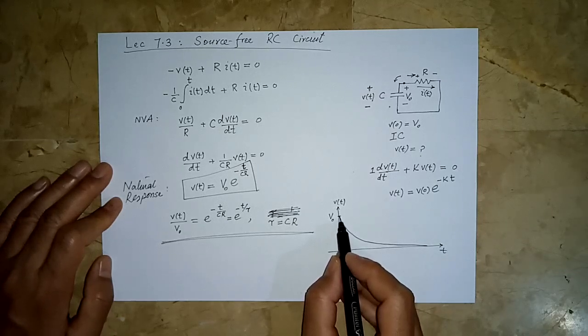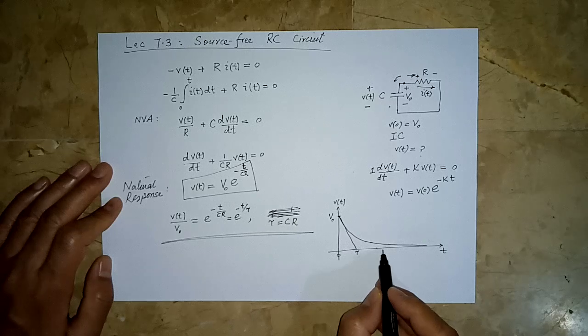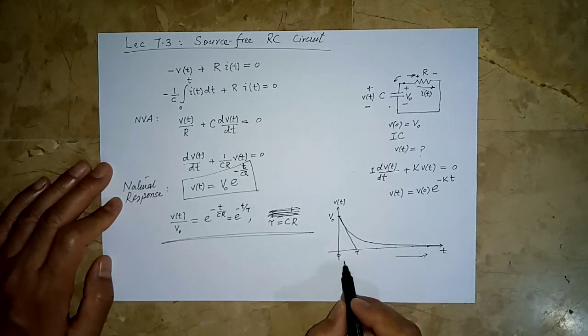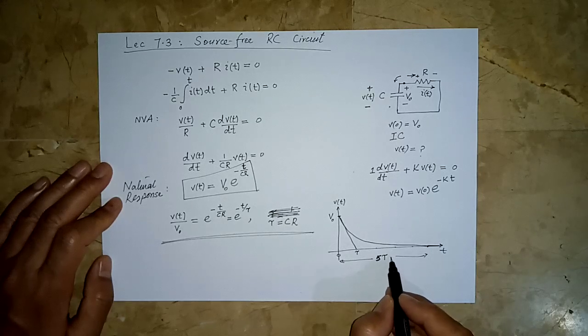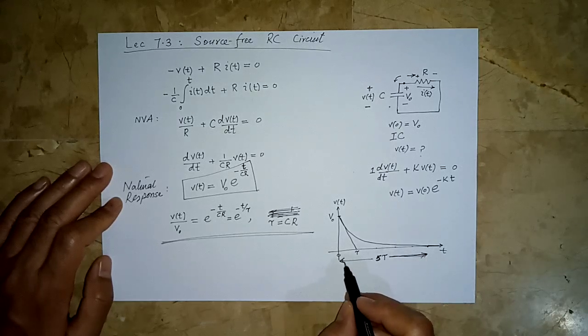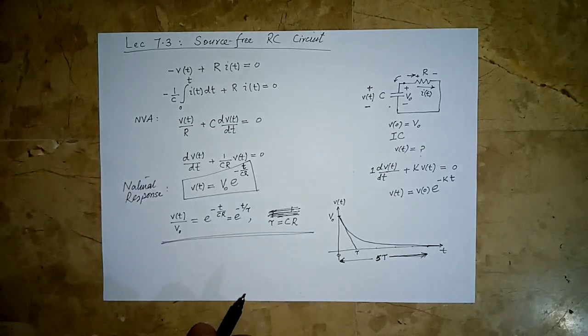So if this is a time constant tau, then approximately in 5 time constants it's going to be insignificantly small. So 5 time constant is the rule of thumb. It is usually the time considered for an energized component, an inductor or capacitor, to lose all of their energy in a circuit.